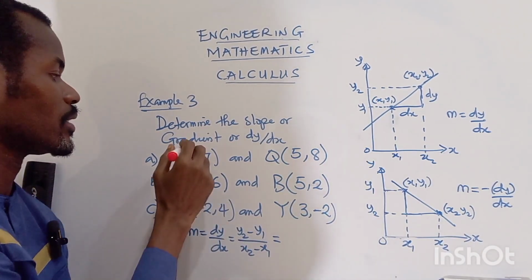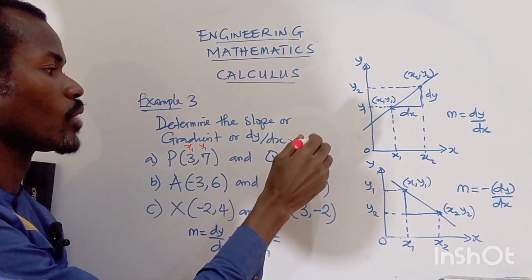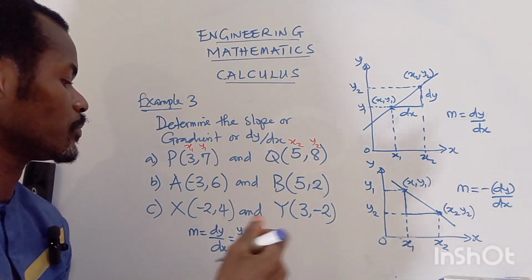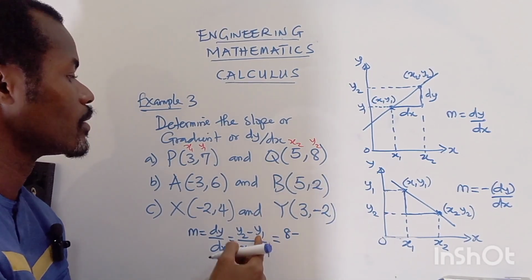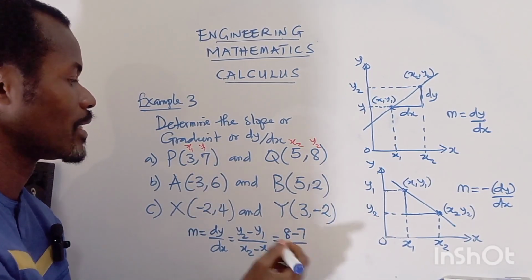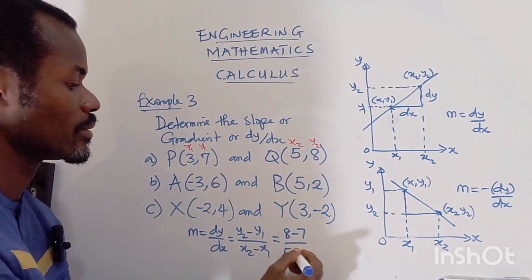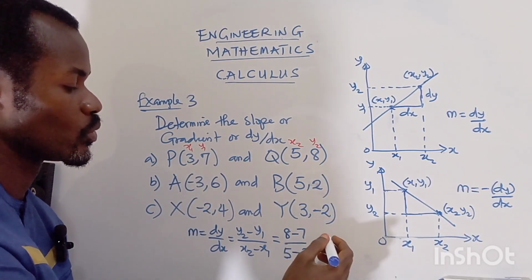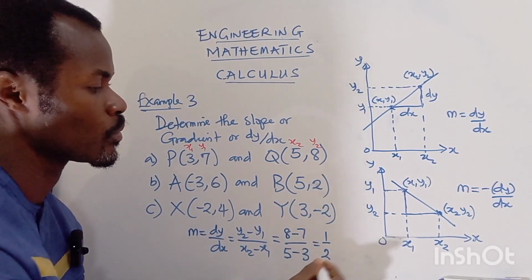You say this is x1, y1, this is x2, y2. For the first case, my y2 is 8, so we have 8 minus our y1, which is 7, divided by our x2, which is 5, minus our x1, which is 3. So 8 minus 7 is 1, and 5 minus 3 is 2.